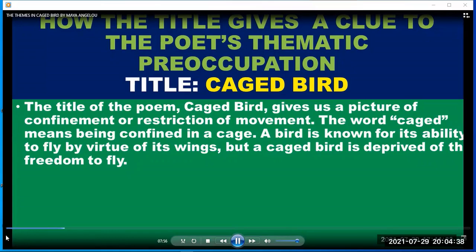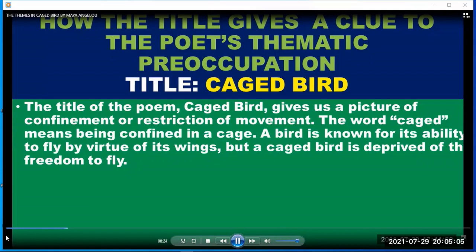And sometimes an African American who wanted to protest the injustices was physically arrested and detained. And that gives you a picture of what the caged bird is all about. So the title gives us a clue to the poet's thematic preoccupation.